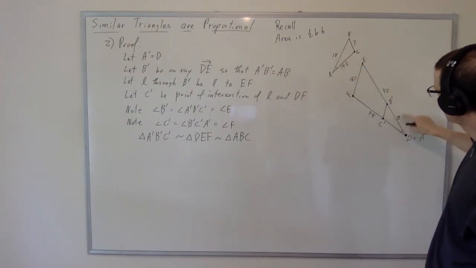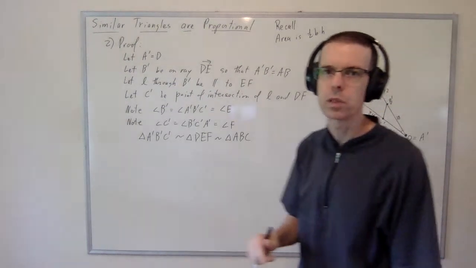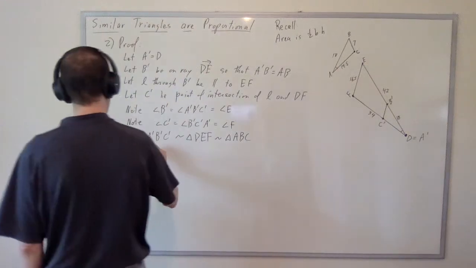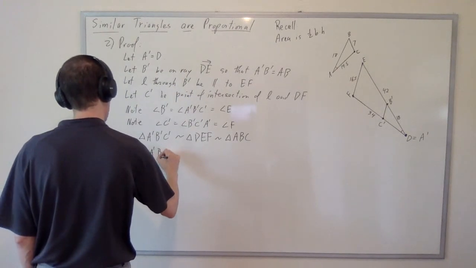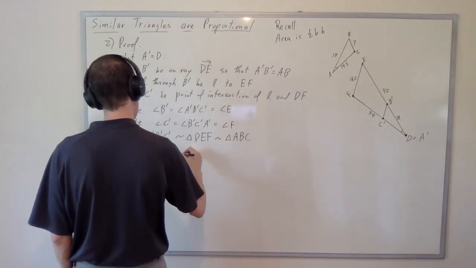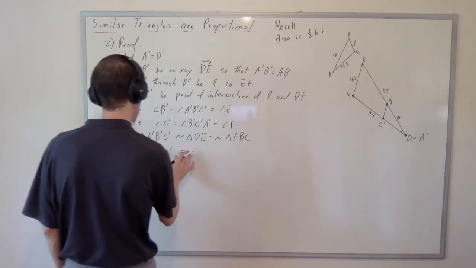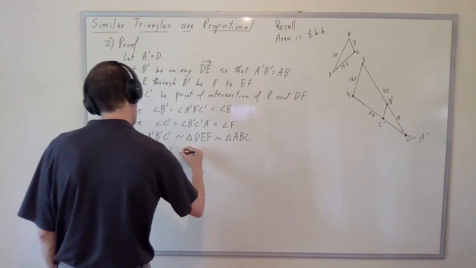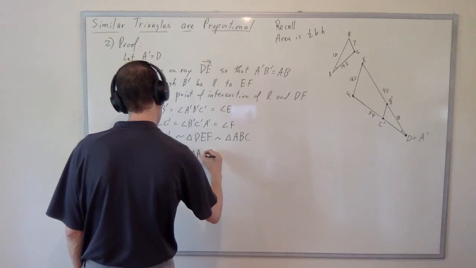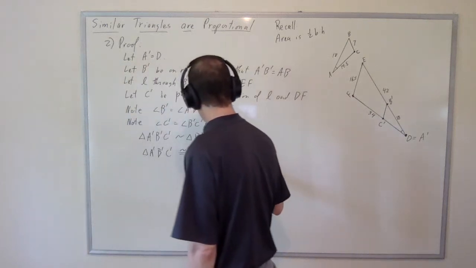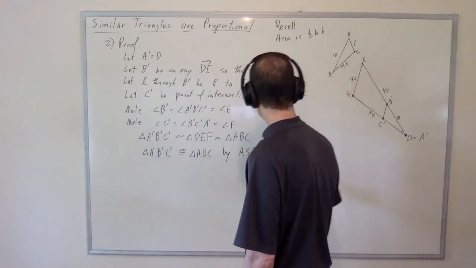And if I've got all the angles equal and one length, then I can use the angle side angle congruence. So triangle A prime, B prime, C prime is congruent to triangle ABC by the angle side angle congruence criterion.